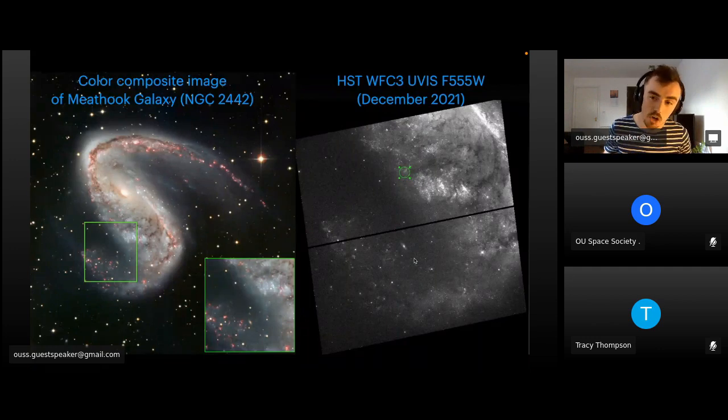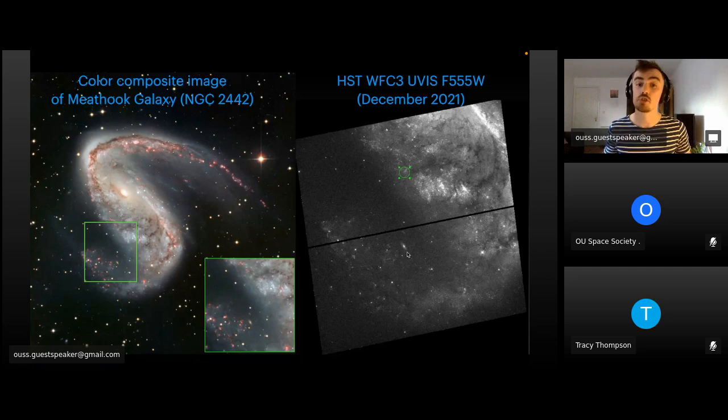And then when you see it in Hubble, you can still see it there. And I just think this galaxy is fascinating because we have the Meat Hook galaxy, which is in the foreground. And then very, very far away, we have the second galaxy just peeking through one of the extended arms of the galaxy itself. I just think that was quite nice, and I just wanted to throw that in.